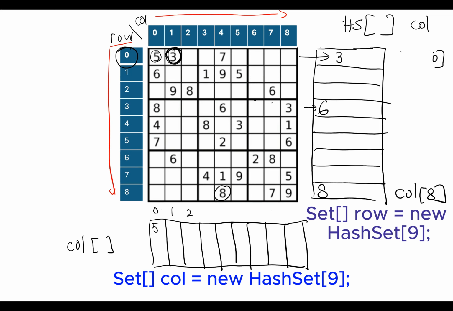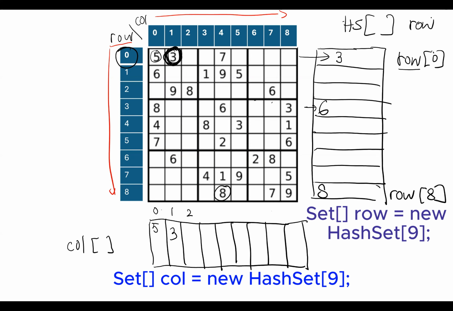I made a big mistake. This is row. Sorry for the confusion. This is the row set, right? Okay. So once we're reading this 3, we'll be adding to the row set of index 0 and the column set of index 3. Okay. So another one more time, I just made this mistake. I just mentioned them as column. This should be row. Okay, so there goes our checking.